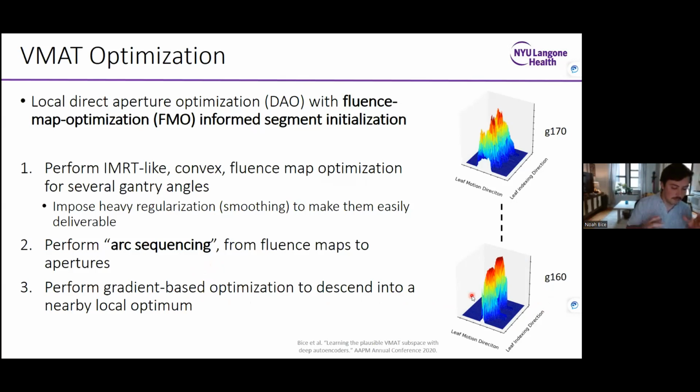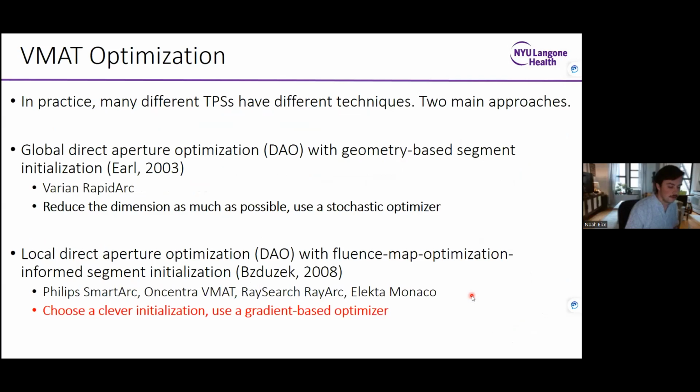Then you use that to initialize your search of the full VMAT search space, and that can be done with a gradient-based optimization algorithm. So the idea behind the local DAO algorithm is that we want to choose a very clever initialization and then use a gradient-based optimizer.